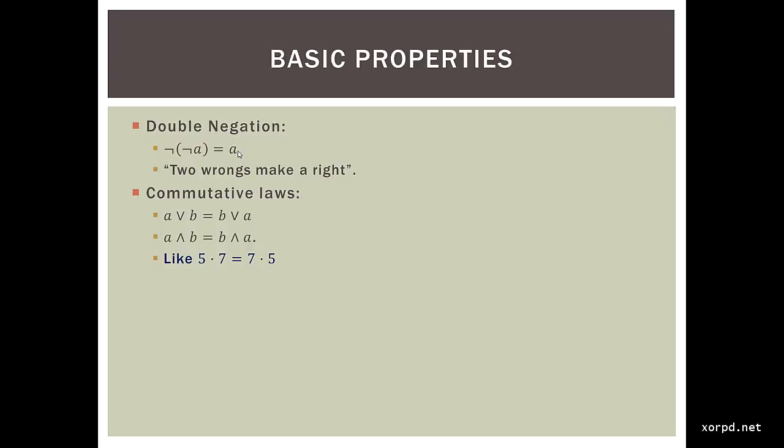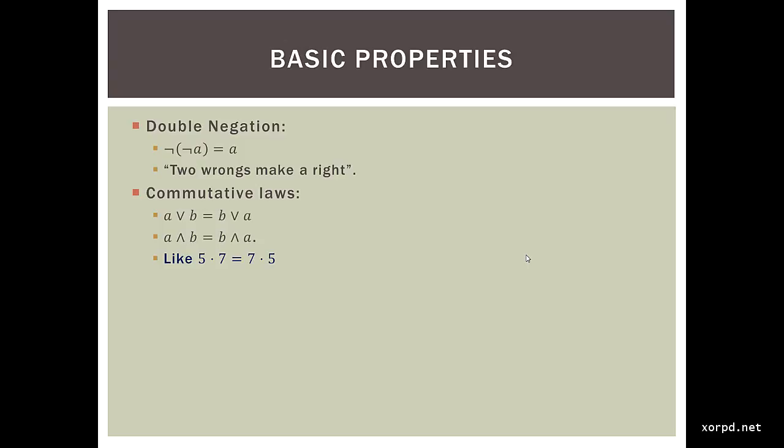The commutative laws. A or B equals B or A. And also A and B equals B and A. This means that we can actually change the order of the arguments for OR and AND.